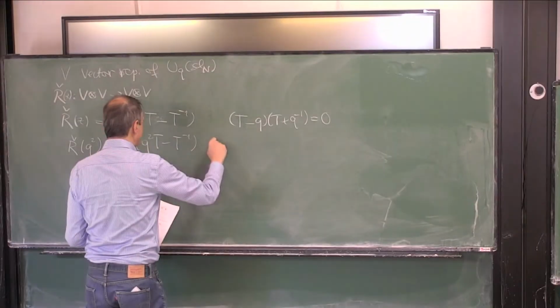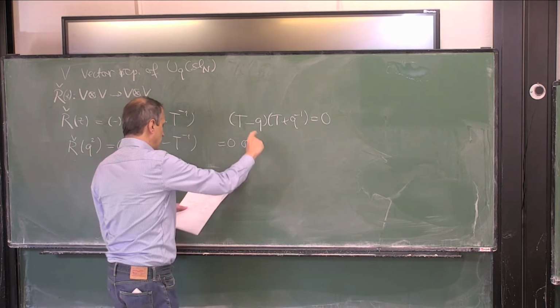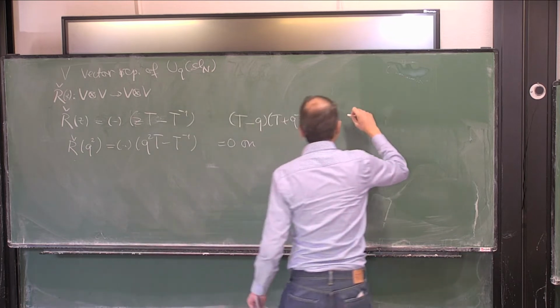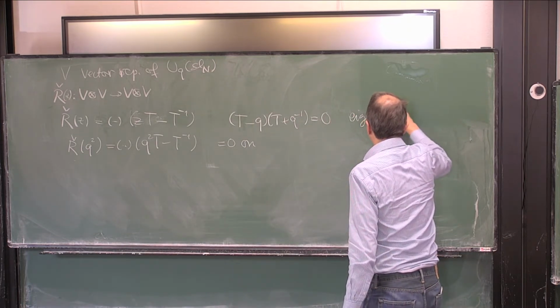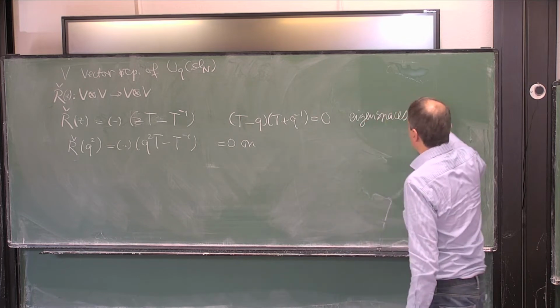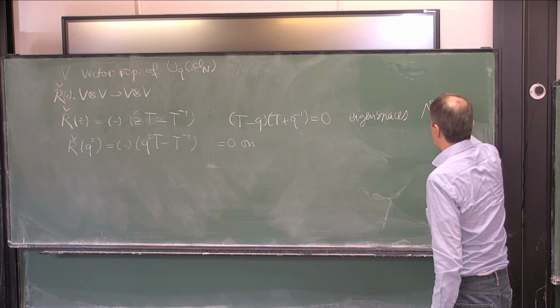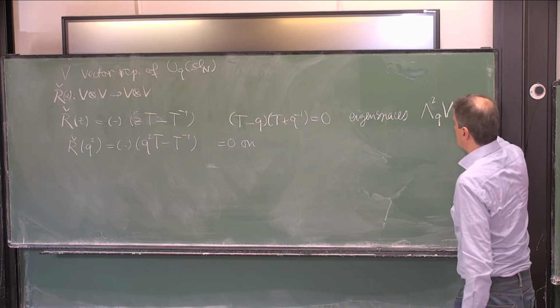And so this is equal to 0. So it is equal to 0 on the eigenspace. So okay, here we have eigenspaces, which I define to be wedge Q to Q of V.